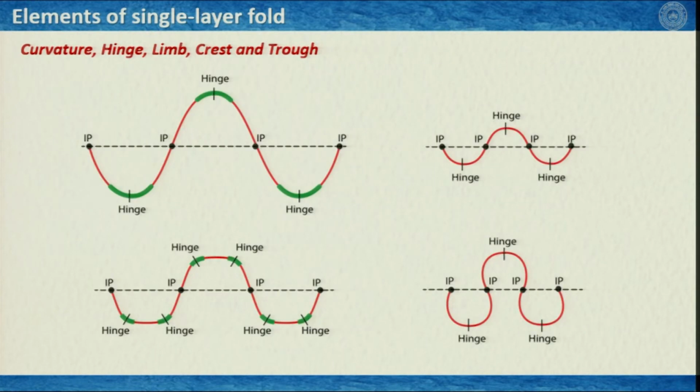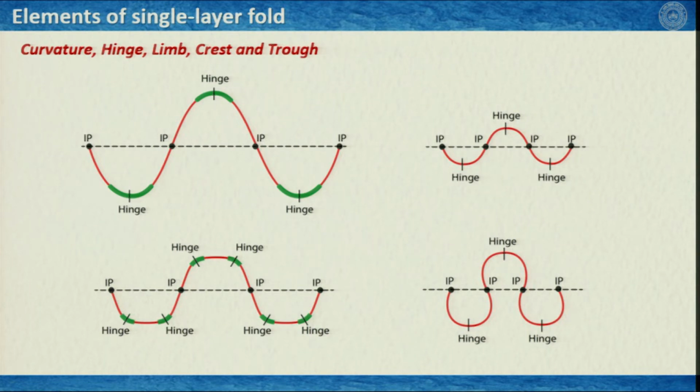So, here we have defined the hinge, inflection point, limb, hinge zone and so on in this very typical illustration of a folded structure, particularly with the concept of curvature.